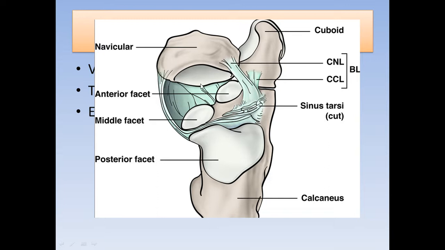In flat foot, the head of the talus shifts medially and drops down. So the axis line of the talus becomes far away from the axis of the calcaneus.